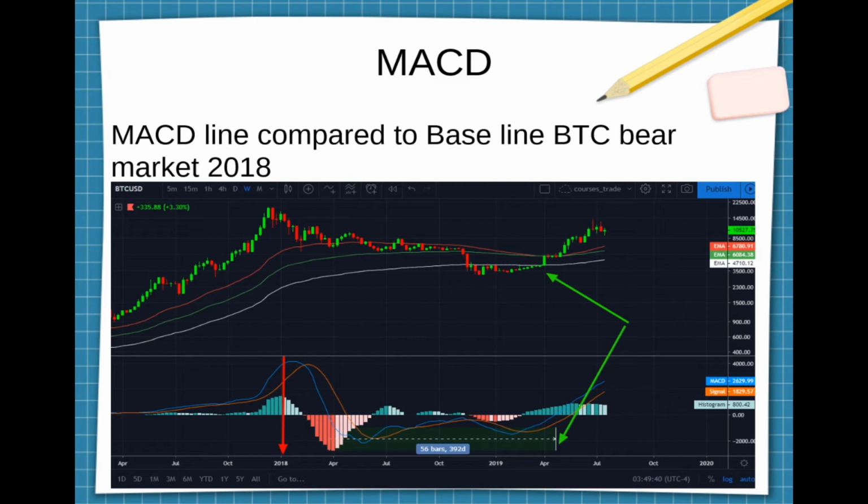Now, here is another one, and this is more recent. You have MACD, and this is the bear market of 2018. So the bear market starts somewhere here at this zone. Let's say you have seen signals, because there are many other indicators that will give you signals way before, for example RSI, for example some important trend line.